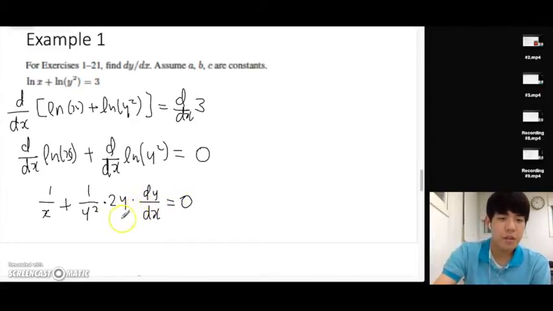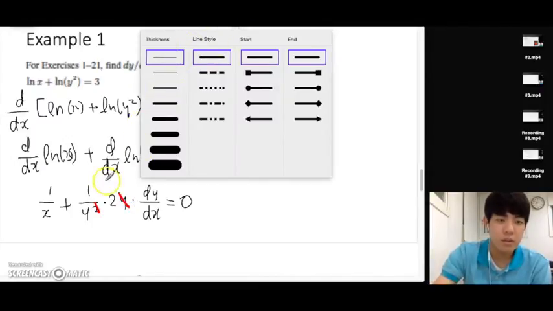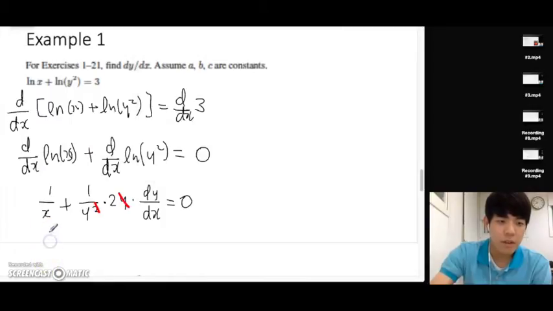Now we want to rewrite this in a neater form, so the y squared and y can cancel out, and this would equal 1 over x plus 2 over y times dy/dx equals 0.